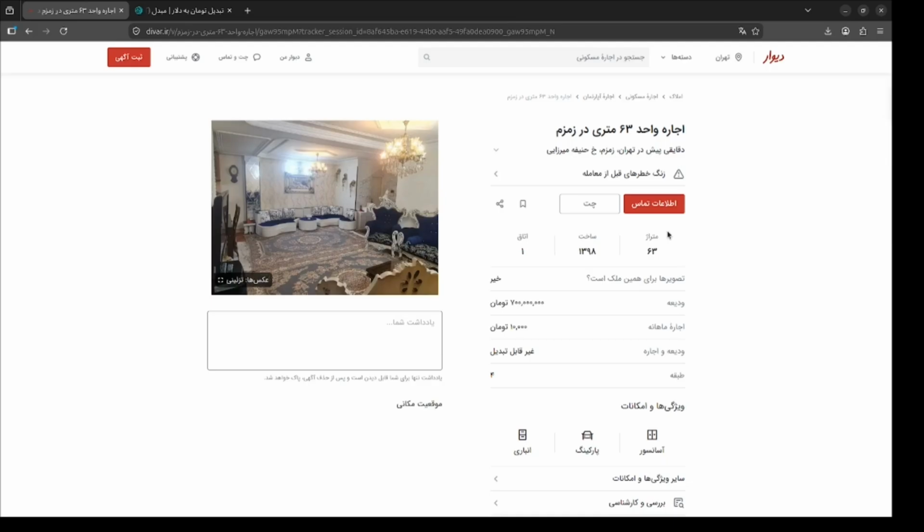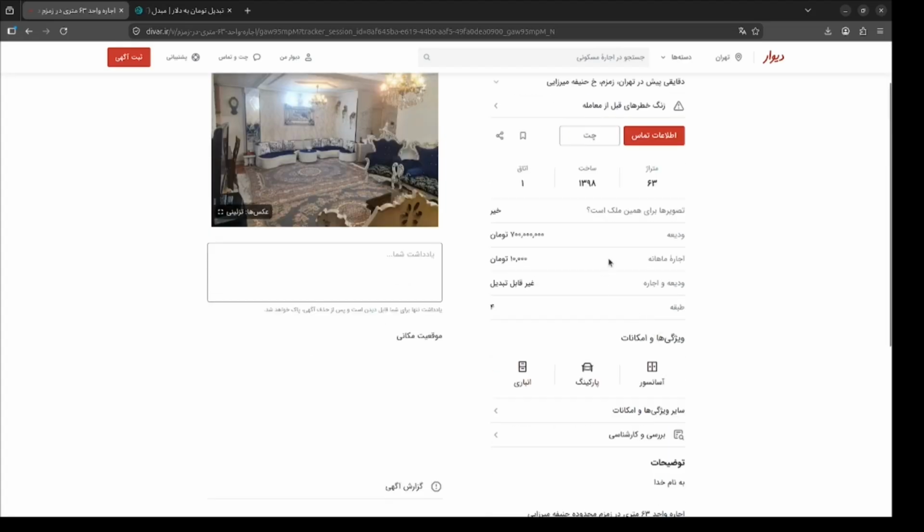So let's see how much it costs for this house. All right, it's 63 meters and one bedroom. We need to calculate it, but it's only a deposit. They don't want any monthly rent, so you just pay the first payment, and you don't need to pay anything monthly.